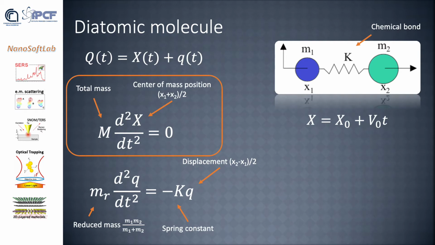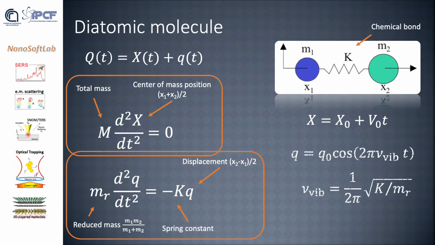The equation that rules the movement of the center of mass is m d2x over dt squared equal to 0. It means that we have no forces, so the molecule is free to move at a fixed velocity v0.